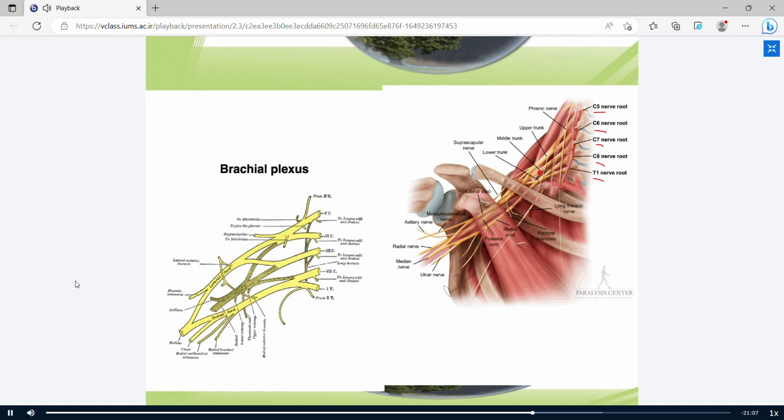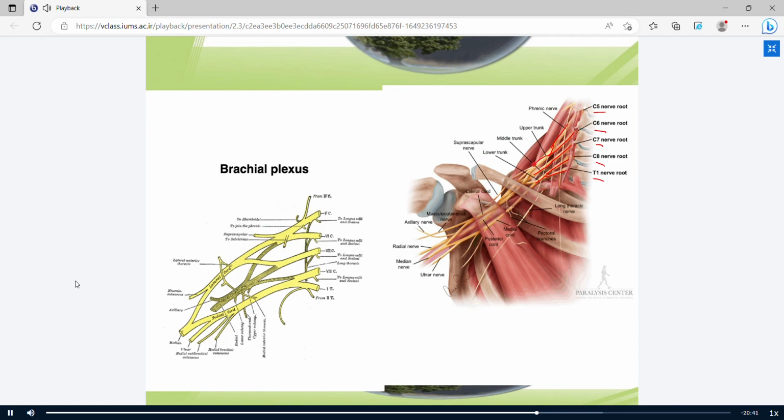You study the branches of the brachial plexus, but C5 and C6 join together and form the upper trunk. C7 forms the middle trunk, and C8 and T1 join together and form the lower trunk.